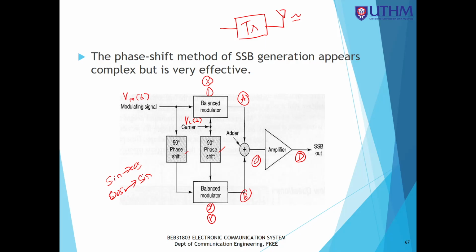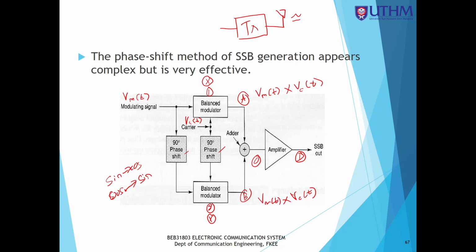At point A, it is VMT multiplied with VCT. Similarly at point B, VMT multiplied with VCT. Again, the balance modulator does multiplication in the time domain.